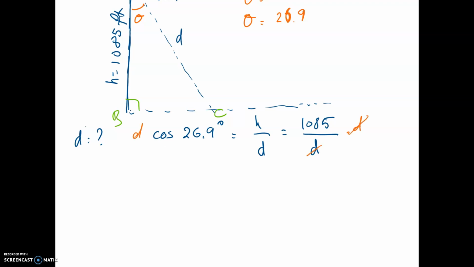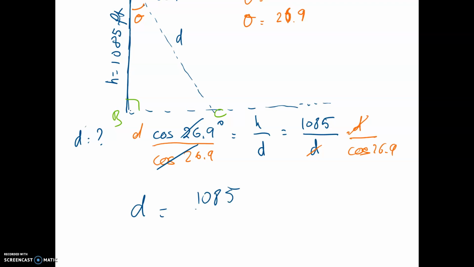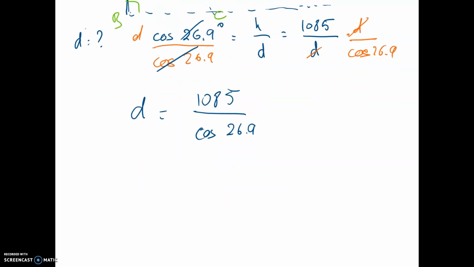By multiplying by D both sides, D divides out, but I will also have to divide by the cosine of 56.9 degrees both sides to be able then to calculate D, because the cosine divides out, equal to 1085 divided by the cosine of 56.9. I let you do the calculation with your calculator. Please don't forget to put your calculator into degree mode, because you have an angle in degrees. If your angle was in radians, you have to do that in radian mode.